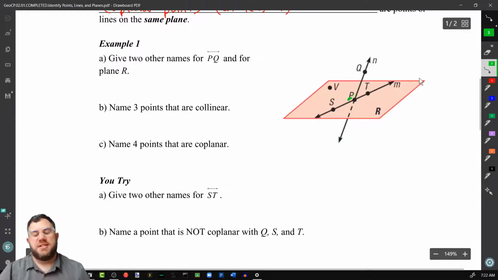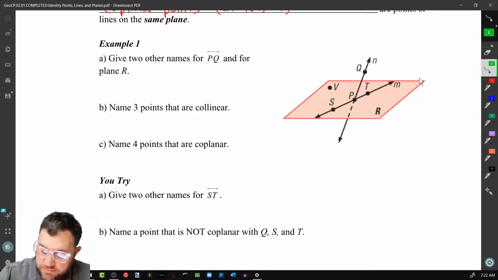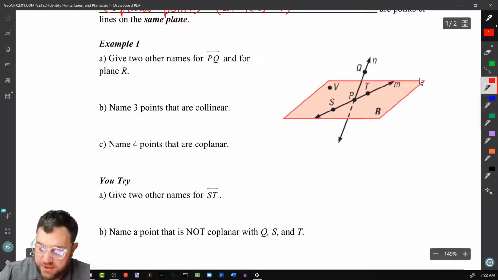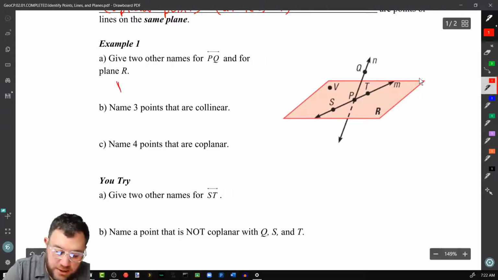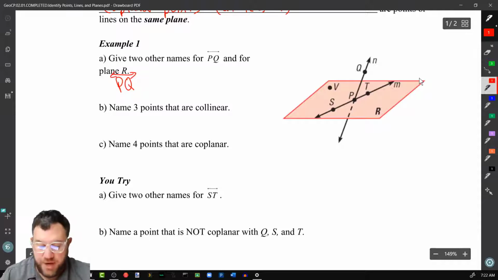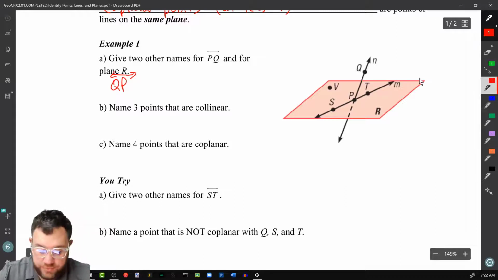That means that this line isn't on the plane, it's going almost vertically through the plane. It's kind of hard to show that on a flat surface, but that's what those dotted lines mean. So line PQ, we can always just turn the points around and say them backwards. And I didn't even do that, I wrote it forwards. So we could call this line QP.